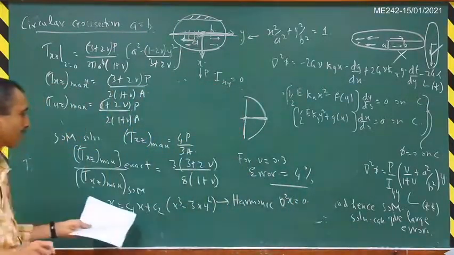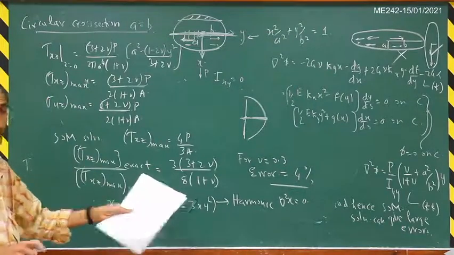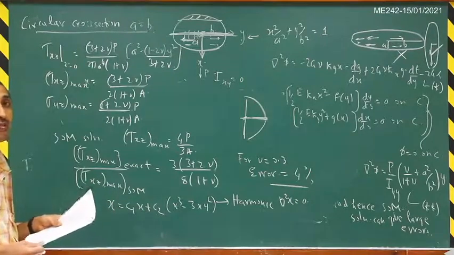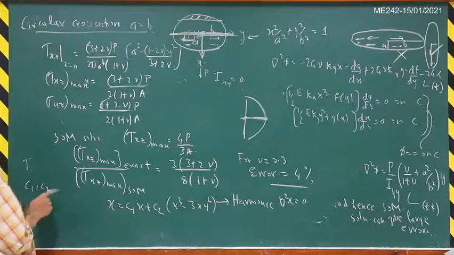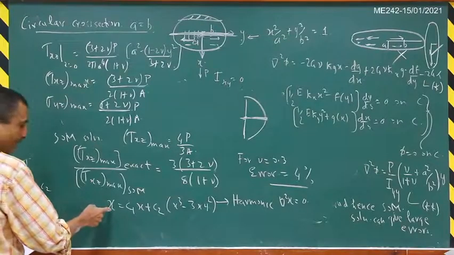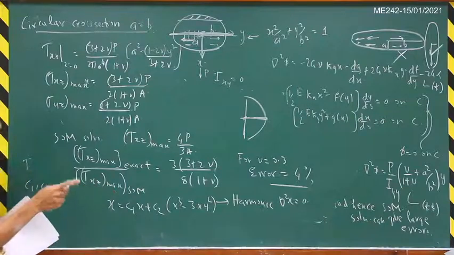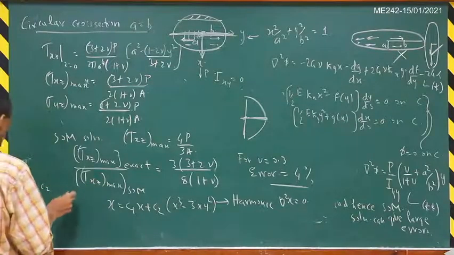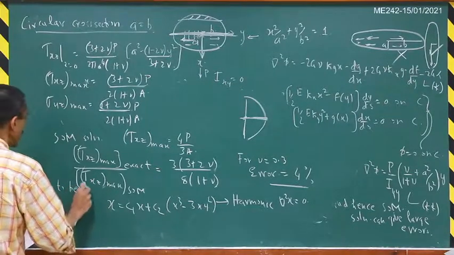So this combination will satisfy the governing equation for chi, and then this C1 and C2 are to be found from the boundary condition, right? So for C1, C2, you basically find out what is tau xz, tau yz from this, and then use the fact that tau xz nx plus tau yz ny is equal to 0 on the boundary, correct?